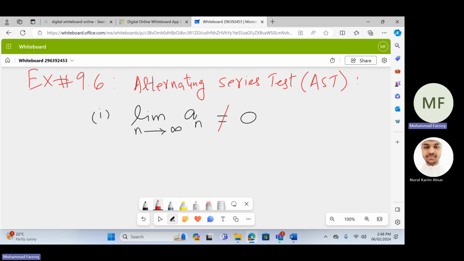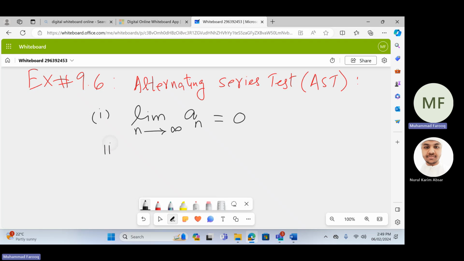Please note down: if in the alternating series test the first condition is not justified, meaning the answer is not 0, then the series immediately diverges. No more calculation is required because we have decided the series diverges. But for the AST, the first condition is that the answer must be 0.